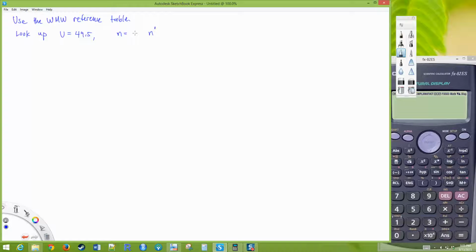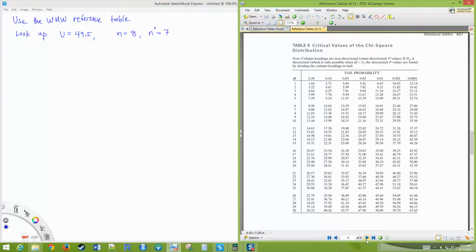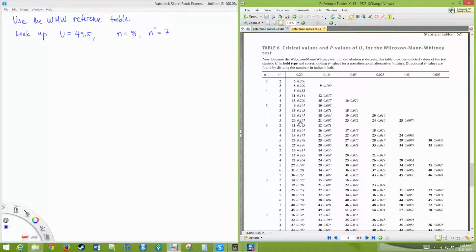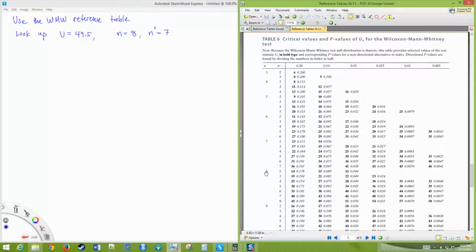The larger becomes n, and the smaller becomes n prime. So one sample had 7 values, the other had 8. We assign those to n and n prime, and then we go to our table. In our table I go to n equals 8 and n prime equals 7. So I'm going to look up values in this row right here.